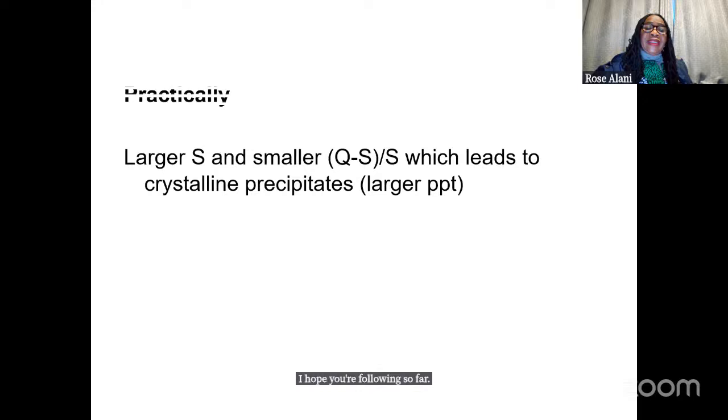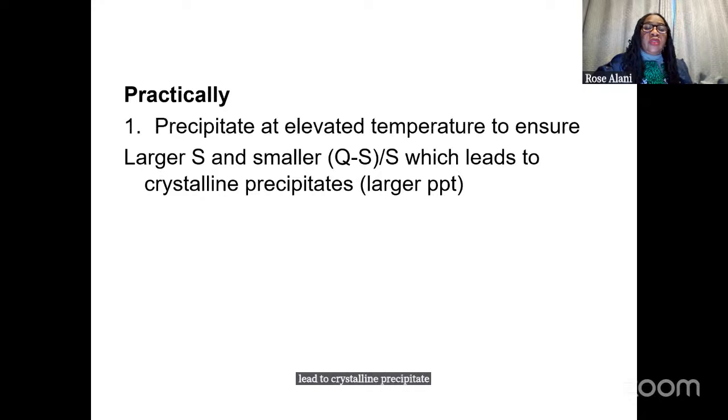So larger S and smaller RS lead to crystalline precipitate. So precipitate at elevated temperature. You have to carry out the precipitation of your analyte at elevated temperature to ensure larger S and smaller RS.